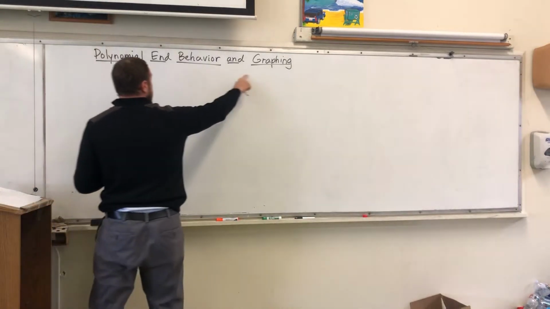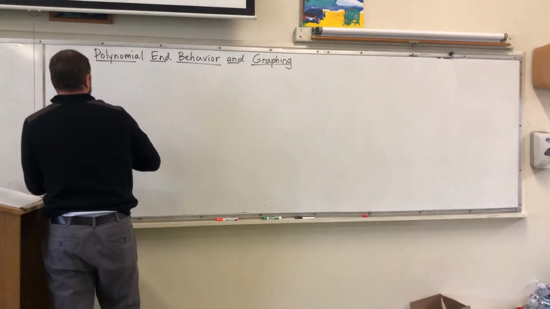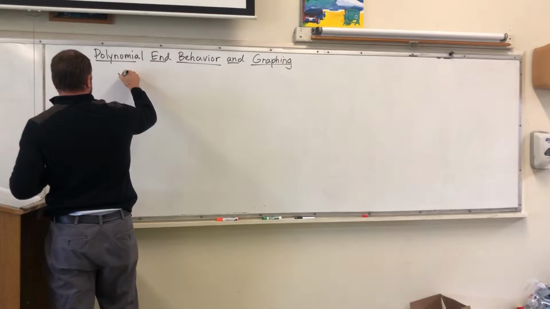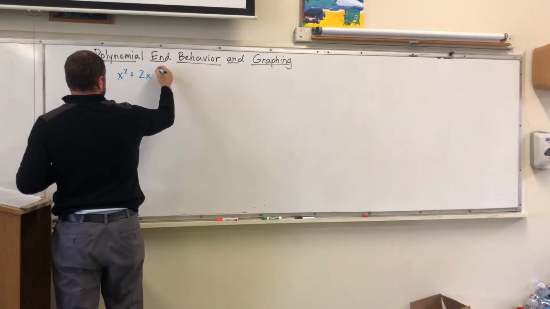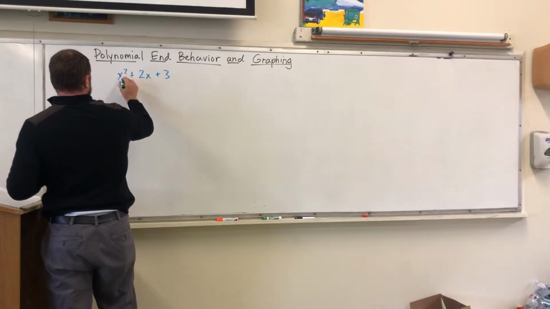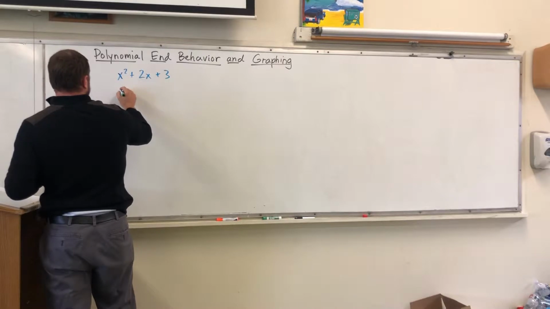Behavior in graphing. So you're looking at polynomials that may have certain degrees or highest degrees. So this is a polynomial with a highest degree of 2.